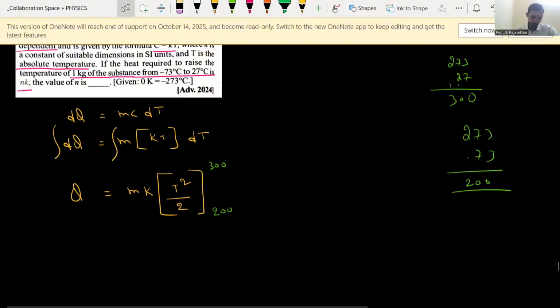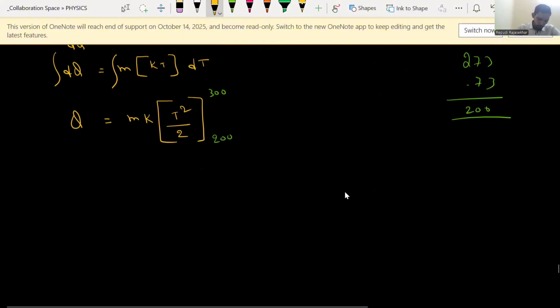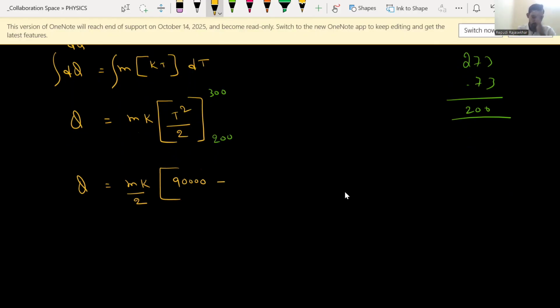Now Q equals m into k, all divided by 2. First of all, substitute the upper limit here: t square means 300 square, which is 300 into 300, 90,000, minus the lower limit. The lower limit is 200 square, this is 40,000.